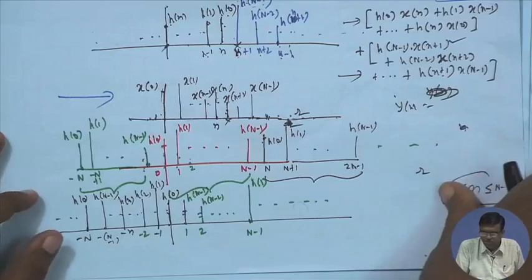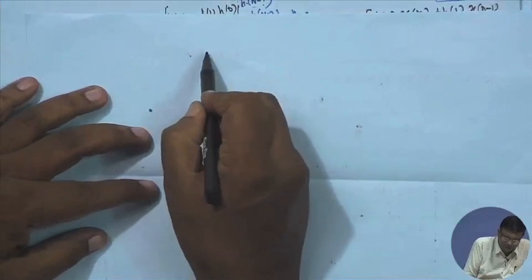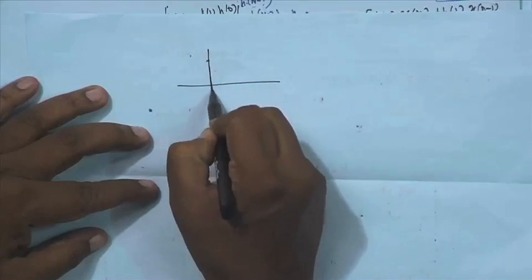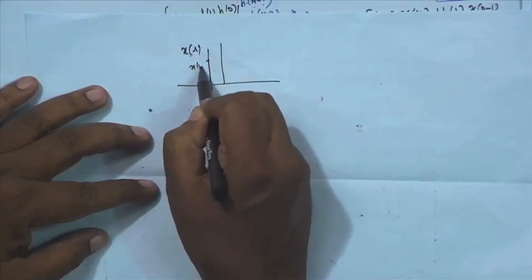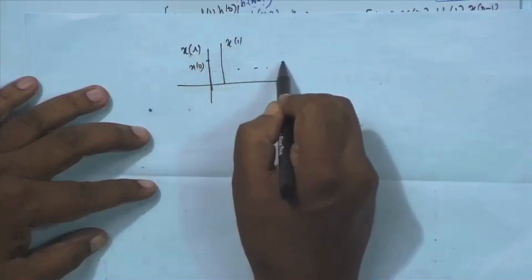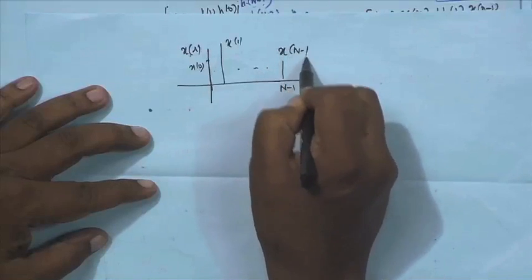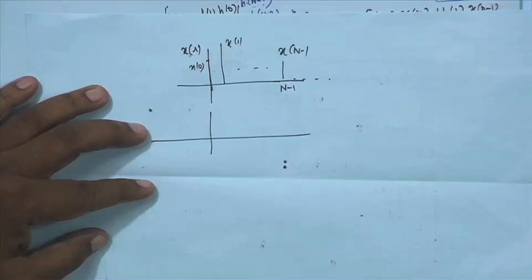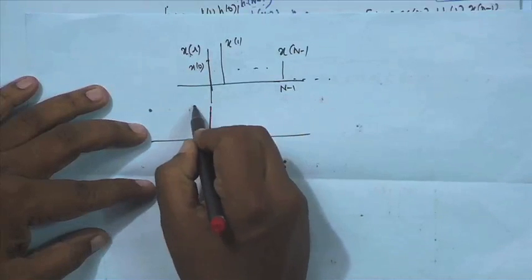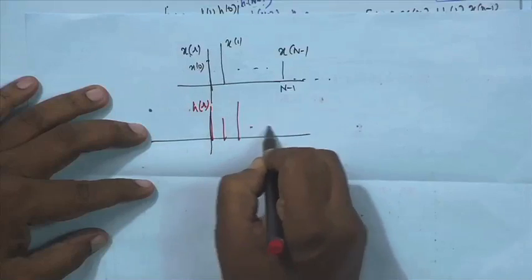Now, that can be done, but before that you understand, when I convolve two sequences, one is x[r], with x0, x1, up to x[N minus 1] and then zeros, and there is another sequence h[r], h0, h1, h2 and so on.